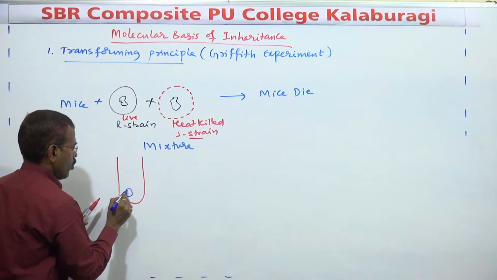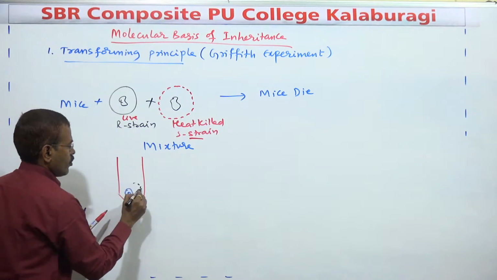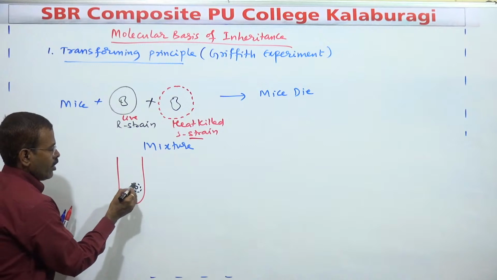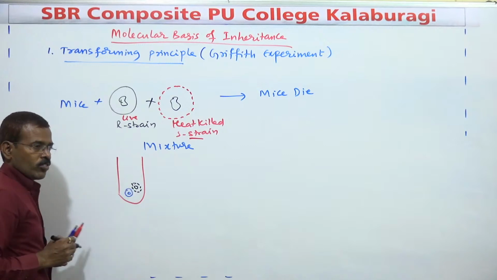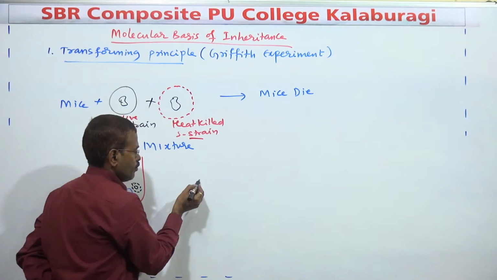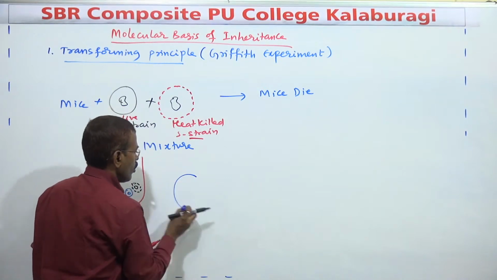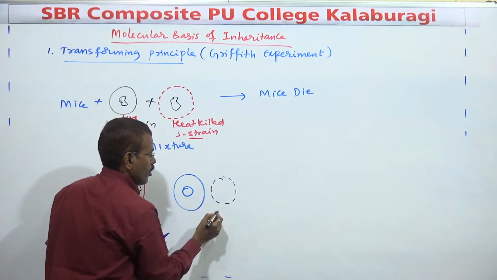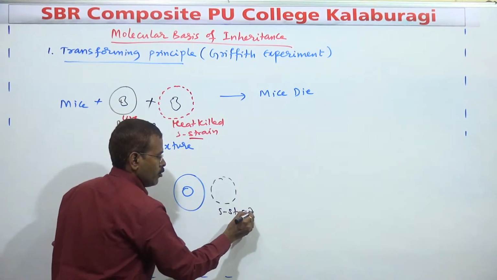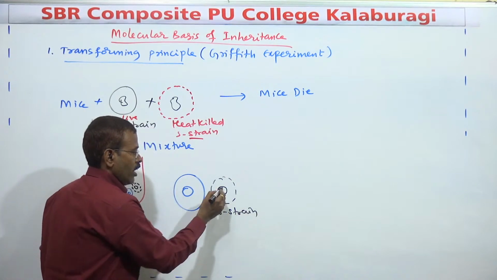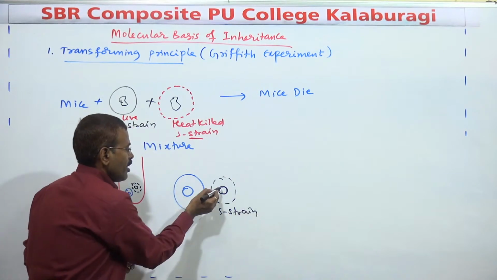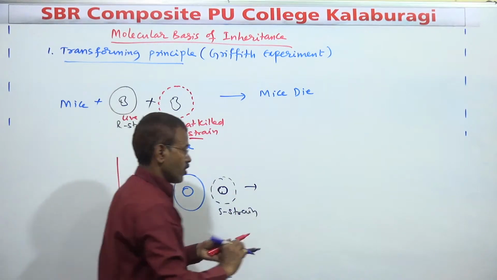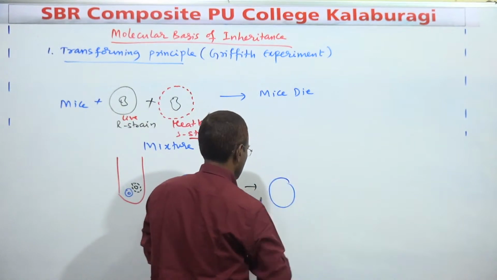This is the R strain, and this is the heat killed smooth strain.